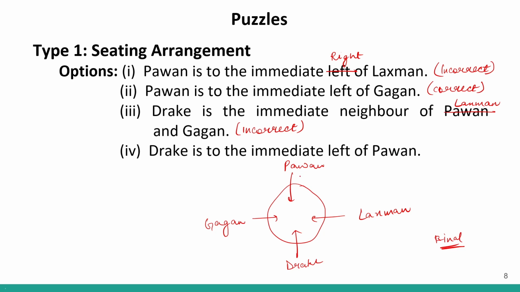Drake is not to the immediate left; Drake is opposite of Pavan. So this statement is also incorrect. We had to find which statement is correct. So option number 2, Pavan is to the immediate left of Gagan, is correct. This will be my answer.